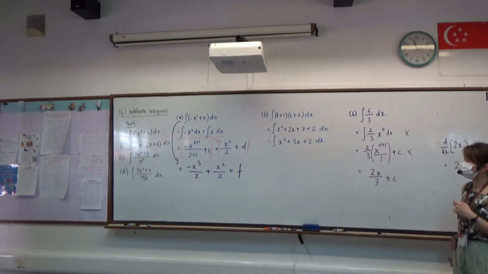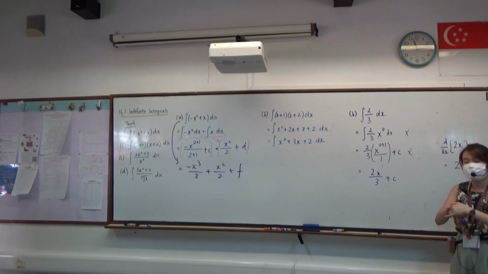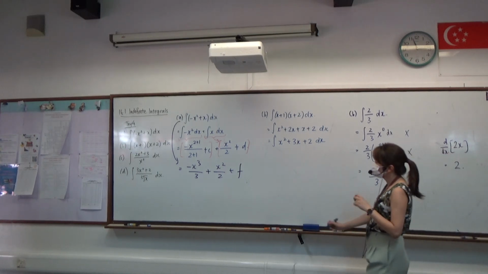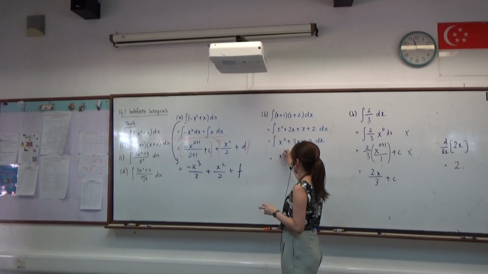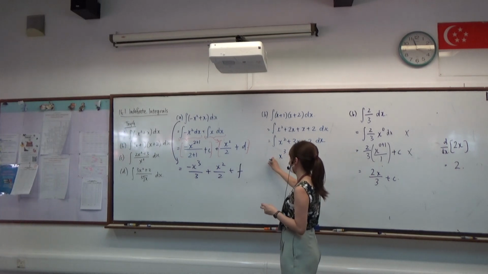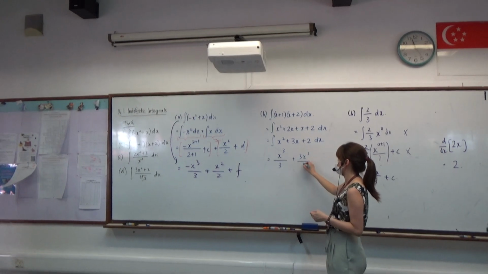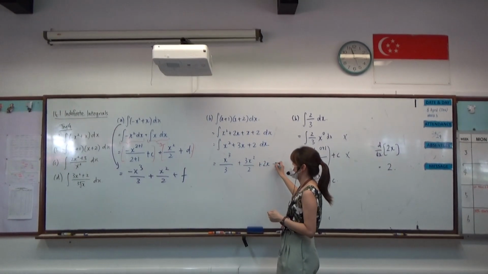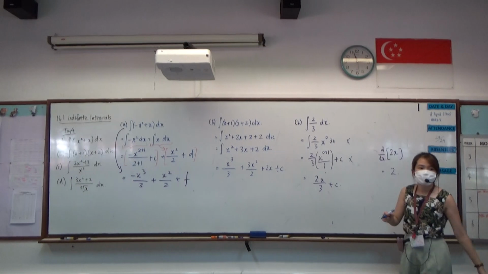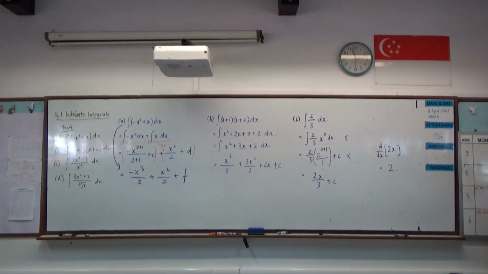So the integration of x squared plus 3x plus 2 with respect to x will give you power plus 1. So x cubed over 3 plus 3x squared over 2 plus 2x plus c.